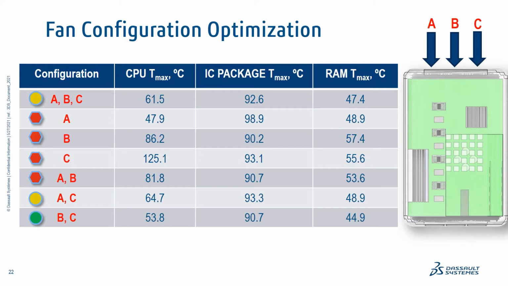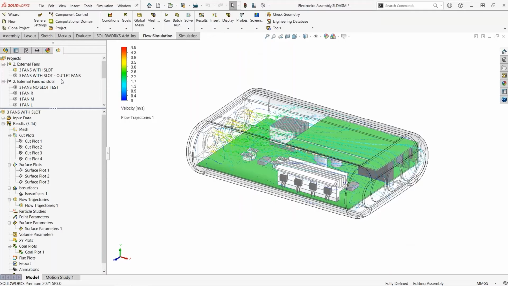The ones with 1 vent are not, and some of the 2 vents are okay. The best solution is a combination of B and C. So we do not need all 3 fans if we place B and C and keep those 2. I'm not going to go into the program itself. Again, the setup is a few more clicks, but otherwise the concepts and the approach are almost identical to the previous example.